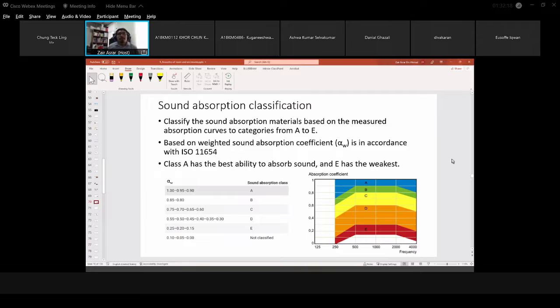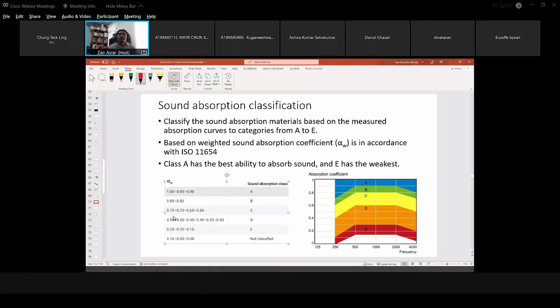Alright, so we also have certain standards to classify the absorption within a material. We have absorption value from 0 to 1. From 0.9 to 1, this is having absorption class of A. Basically, it's very good in terms of absorbing sound, and the lower the absorption coefficient, the lower the rating will go.